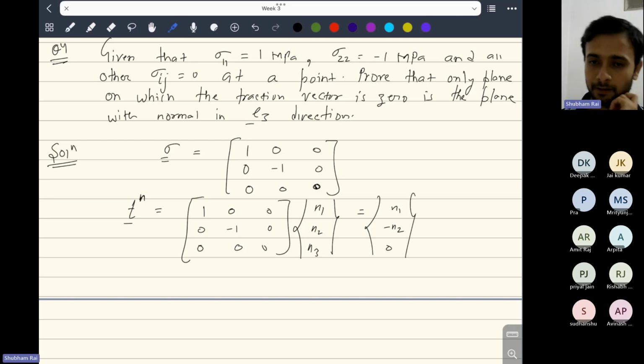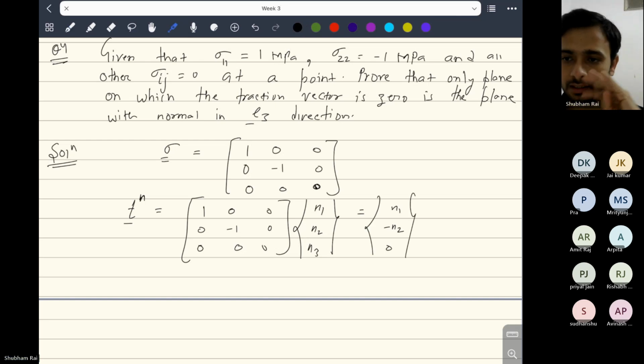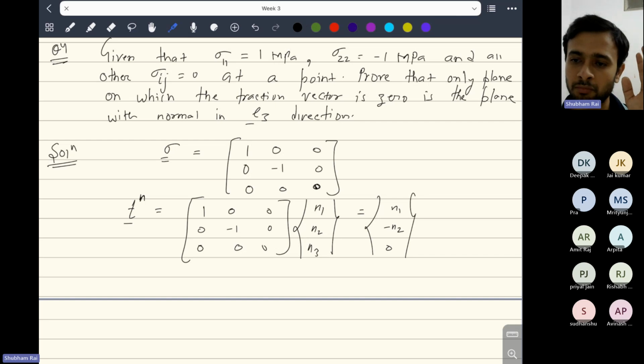So from this, let's say you want to find the traction vector on a plane with plane normal E1. In that case you will have n1 as 1, n2 as 0, and n3 as 0. So you'll have components as 1, 0, 0. When your plane normal is E2, this vector will be 0, 1, 0, so only n2 is non-zero, and your components will be 0, minus 1, 0.